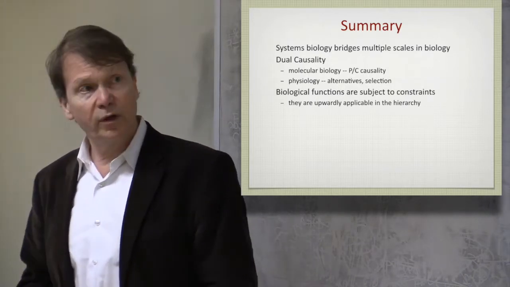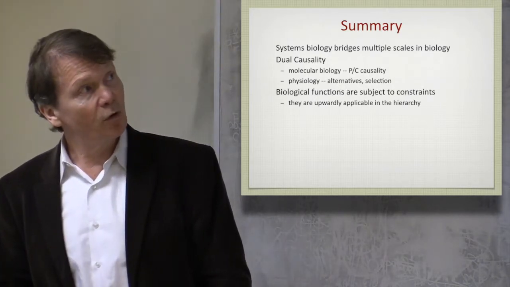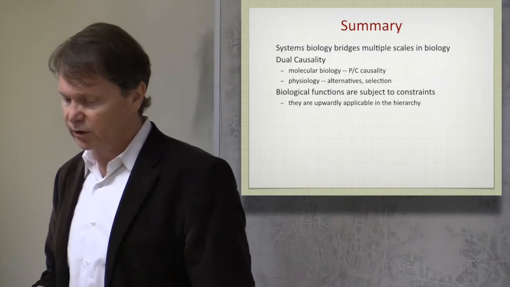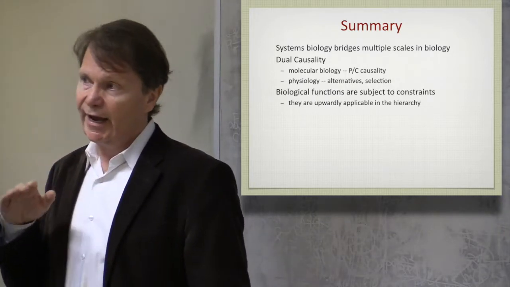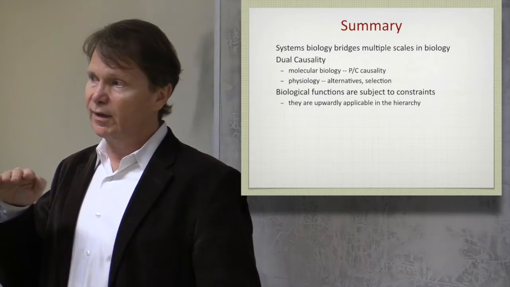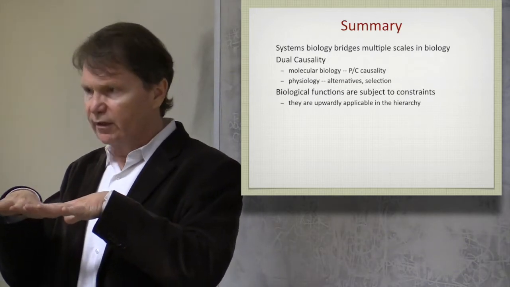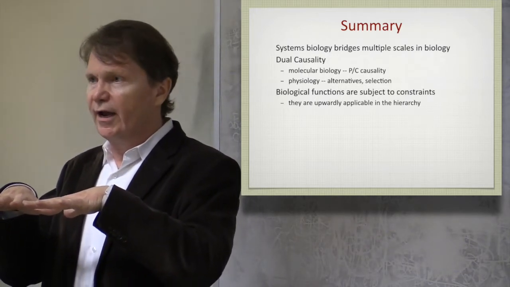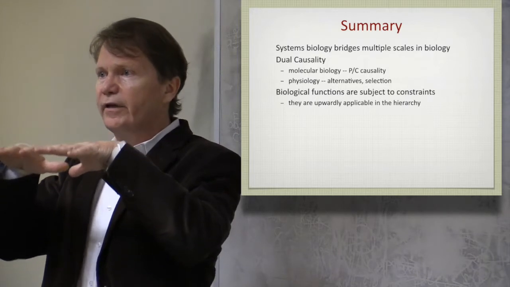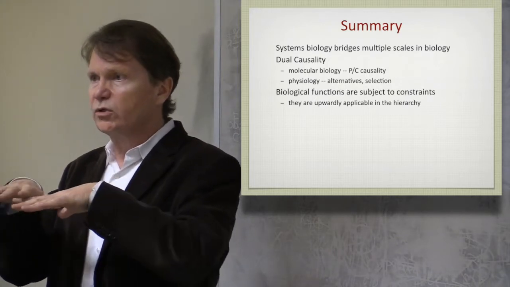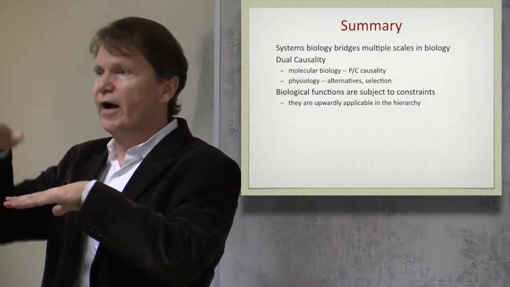We also know that all biological functions are subject to myriad constraints. And it's important to note that they are normally most dominant at the lower levels of the hierarchy, and they permeate up the hierarchy. So a constraint set at the lowest level cannot be violated at the highest level.